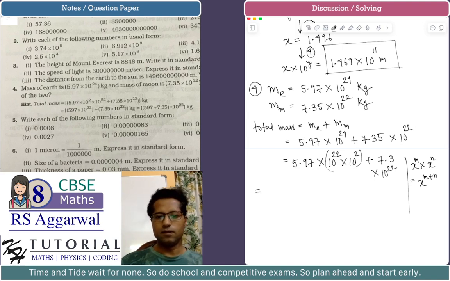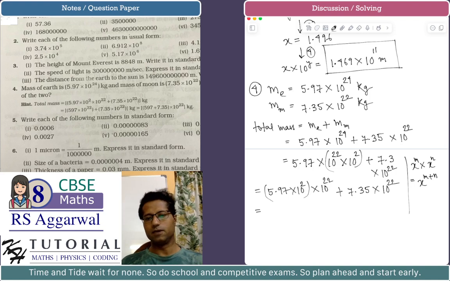Now I will multiply 5.97 with 10 square, and I have 10 to the power 22, plus 7.35 multiplied by 10 to the power 22. So if I multiply 5.97 by 10 square, it will be 597.